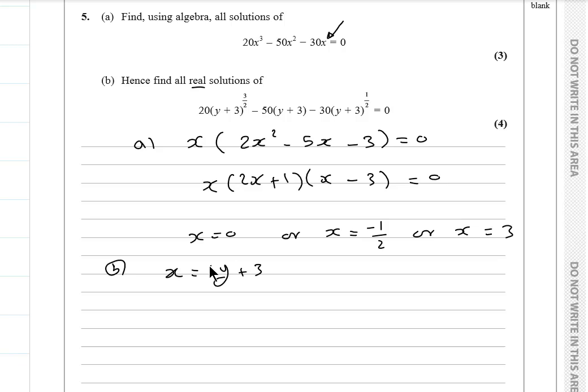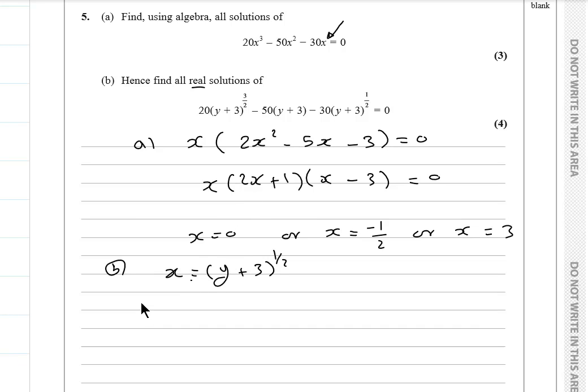To be sure, we can compare the second term here and the second term here. If we square this expression, it will be y plus 3, as here. And if we raise it to power 3, it will be power 3 over 2. Okay, very good. So as we do this in the question, we can do this in the answer.